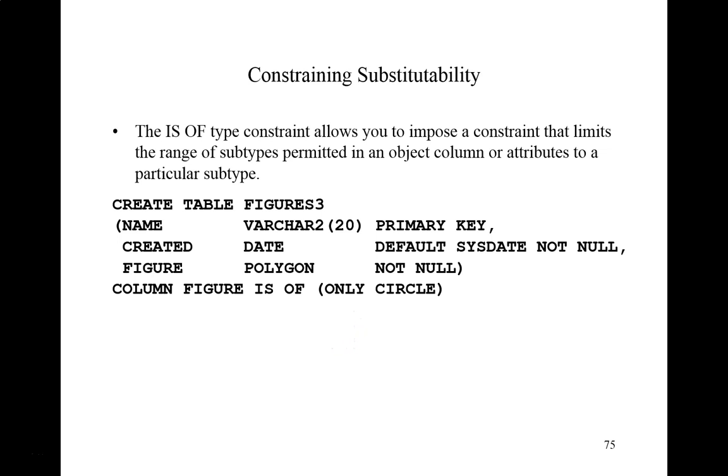So we see that is-of can only be used to constrain a single subtype. Only must be specified. Also note that either is-of or not substitutable at all levels can be used to constrain column objects, but you're not permitted to use both.